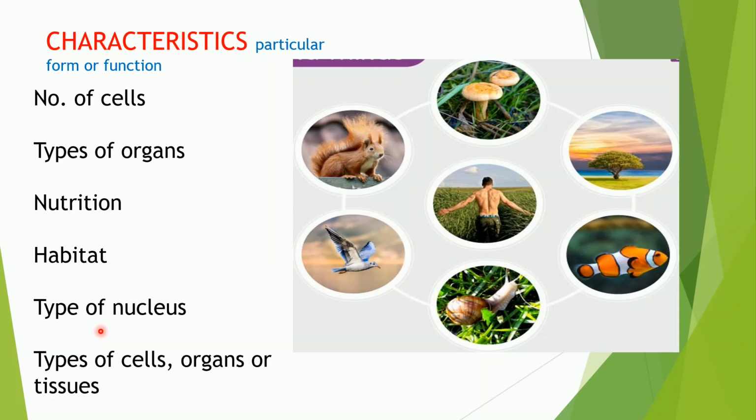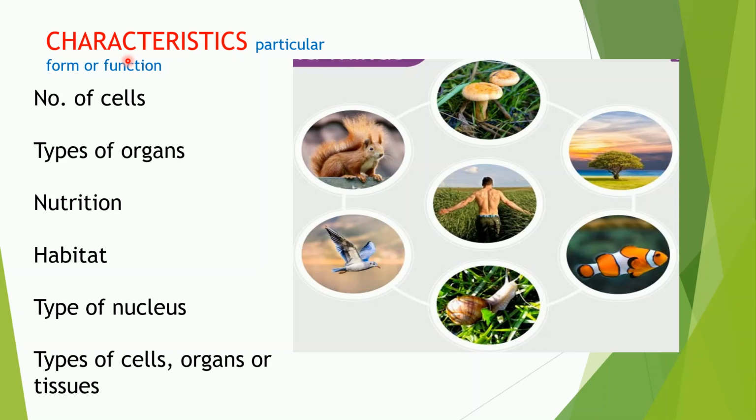When we are grouping these organisms, we call this classification. And why are we classifying the organisms? For the purpose of convenient study, to know their common features or characteristics, as well as to know the interrelation between one organism and the other. So the characteristics are the basis for classification.